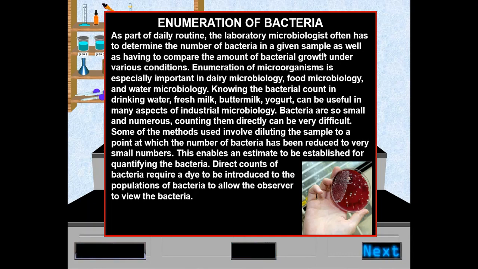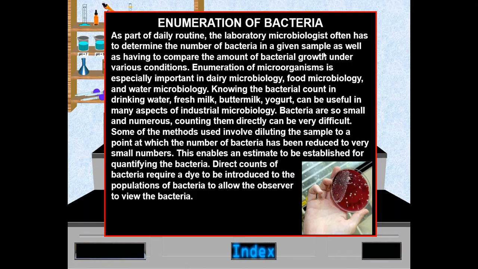Bacteria are so small and numerous. Counting them directly can be very difficult. Some of the methods used involve diluting the sample to a point at which the number of bacteria has been reduced to very small numbers. This enables an estimate to be established for quantifying the bacteria.